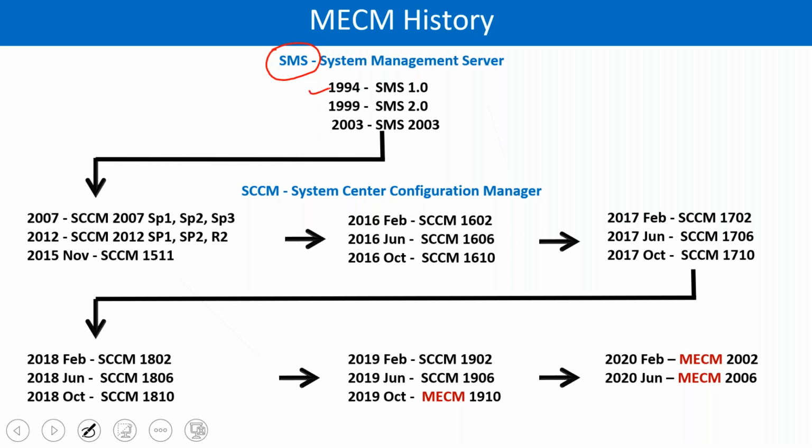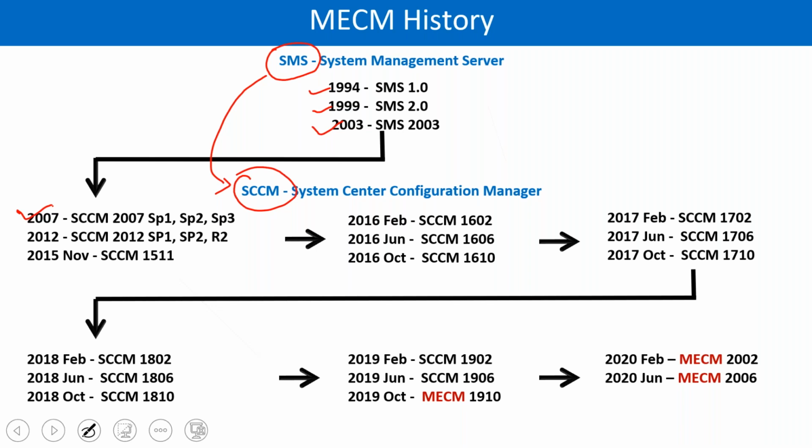So in 1994, SMS 1.0, in 1999, SMS 2.0, then in the year 2003, SMS 2003. Then in 2007, they changed the name from SMS to SCCM, System Center Configuration Manager.